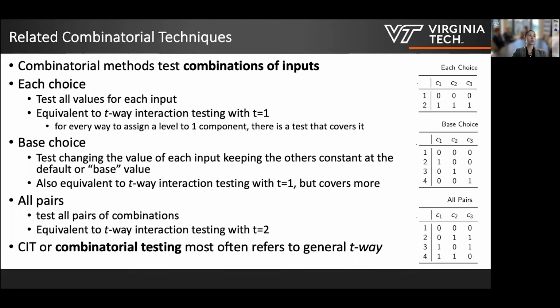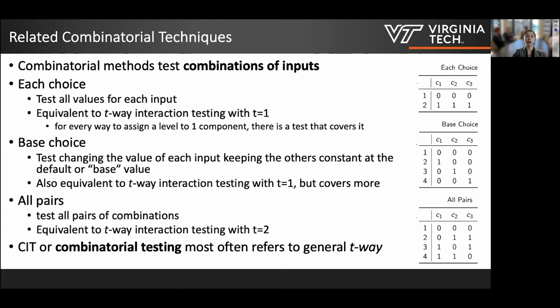So some related combinatorial techniques. All of the combinatorial methods are going to test combinations of inputs. Each choice technique tests all values for each input. It's equivalent to T-way interaction testing where T is equal to 1. So for every way to assign a level to one component, there is some test that covers it.